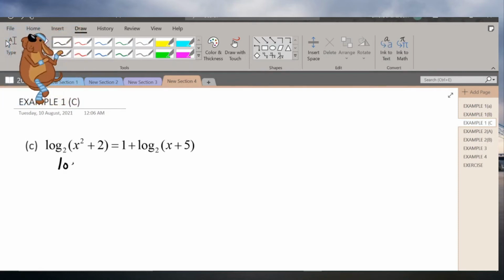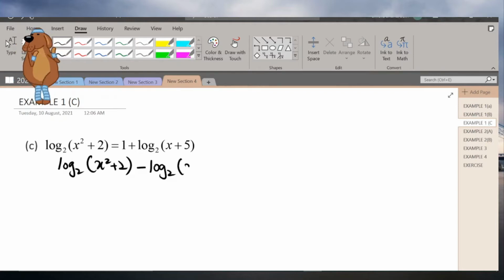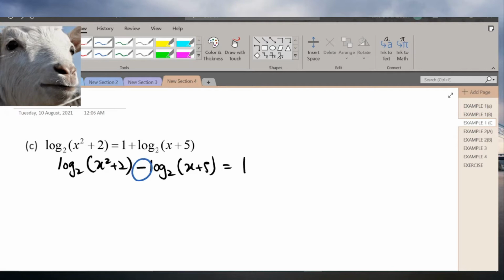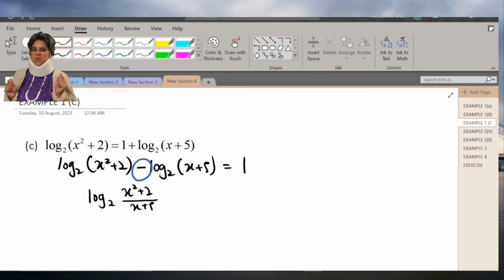So this is log base 2 of (x squared plus 2) minus log base 2 of (x plus 5), and this is equal to 1. Again, we can use the rules of logarithms. When it's subtract, it will be divide. So this will be log base 2 of (x squared plus 2) over (x plus 5) is equal to 1.